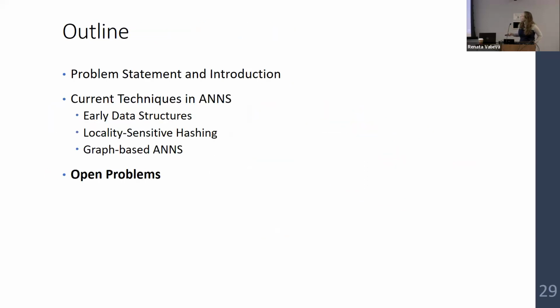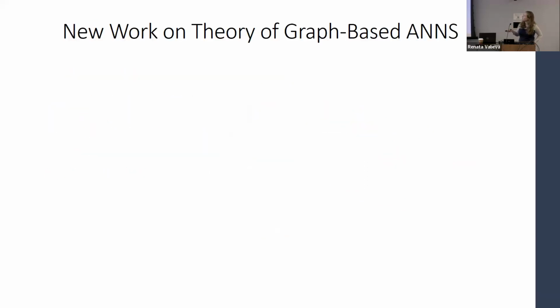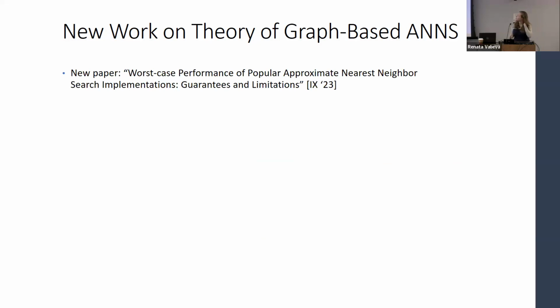Okay, so I want to mention very briefly that there's some pretty interesting new work on the theory of graph-based ANNS that just came out, which uses a slow pre-processing version of the incremental build algorithm that I described today. The big difference is that instead of pruning on just the visited set, every single vertex prunes on the entire set of vertices available in the graph.